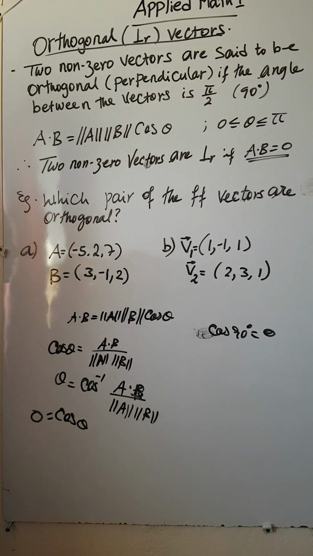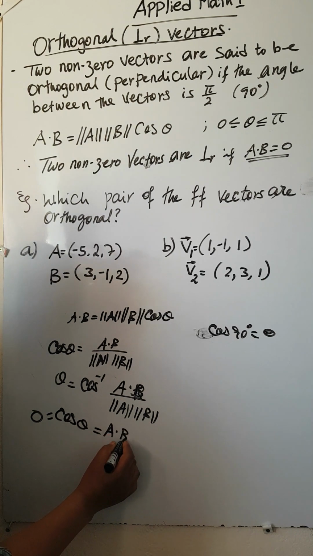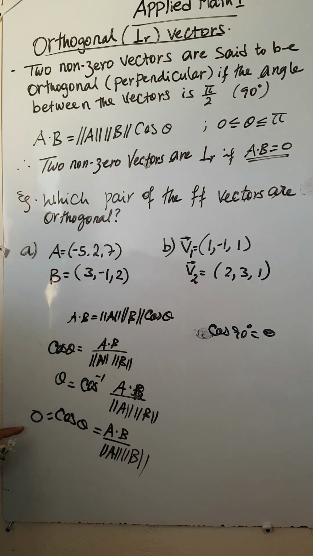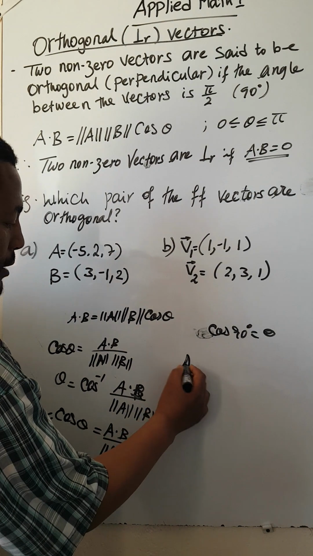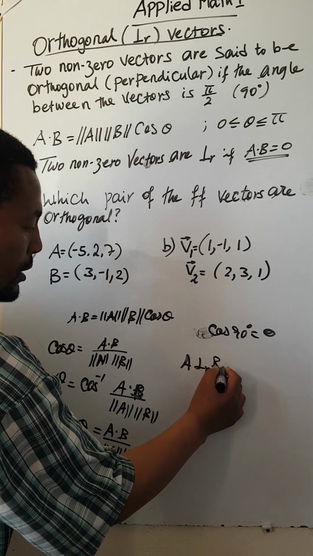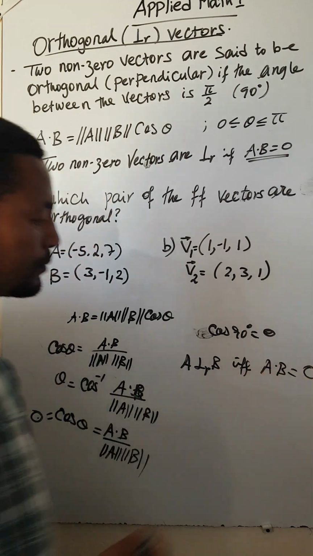Cosine of theta is equal to 0 means the angle is 90 degree. አንግሉ 90 ዲግሪ ነው ማለት ነው። ይሄ አንግል 90 ዲግሪ እንዲመጣ a dot b over norm of a, norm of b አለን አይደል? ይሄ 0 ከሆነ simply ይሄ በዚህ ተባዝቶ a እና b ይሰጠናል so that a dot b is 0. ስለዚህ ሁለት ቬክተሮች ኦርቶጎናል ናቸው የምንለው a is orthogonal or perpendicular to b if a dot b is equal to 0.